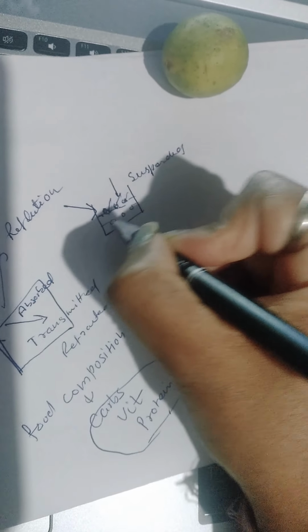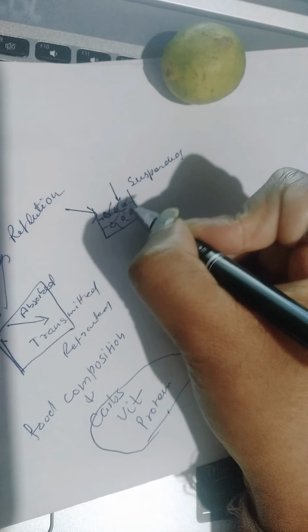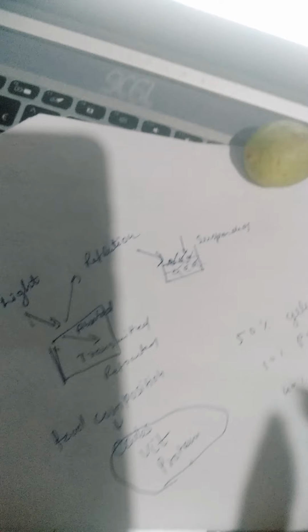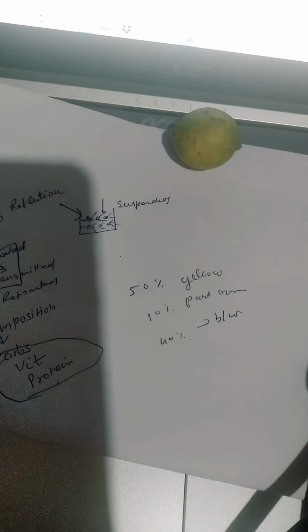So our juice appears cloudy and hazy. Equipment like the turbidity meter is based on this property.